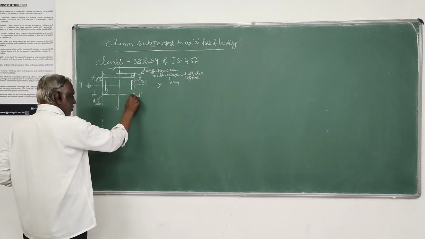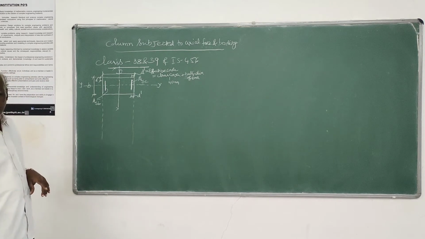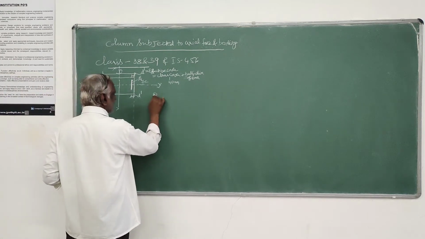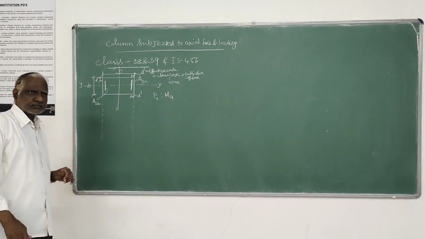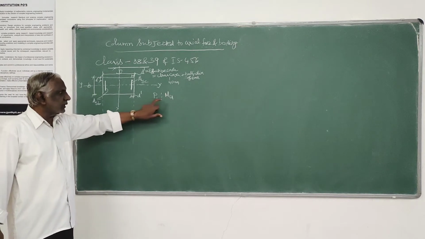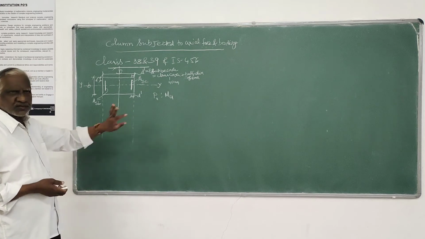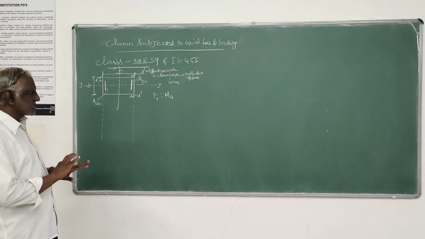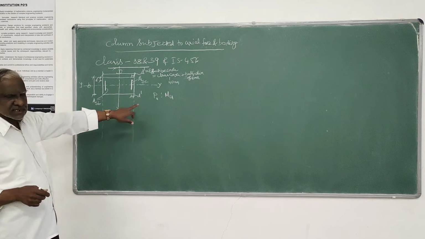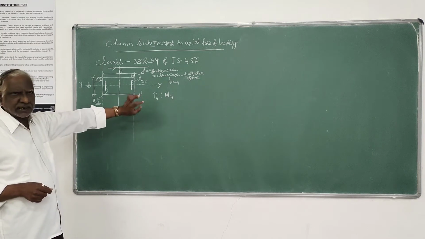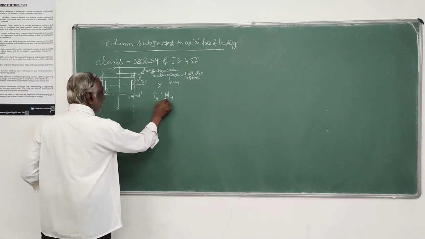Now let us assume that this particular column is subjected to both axial load Pu as well as moment Mu. Both are ultimate load and ultimate moment, that is limit state load as well as limit state moments, not working loads or working moments. You have to just apply the usual load factor and arrive at these ultimate values Pu and Mu.